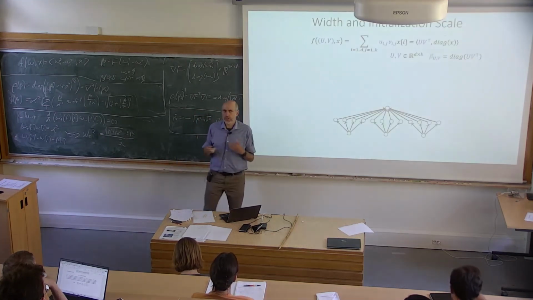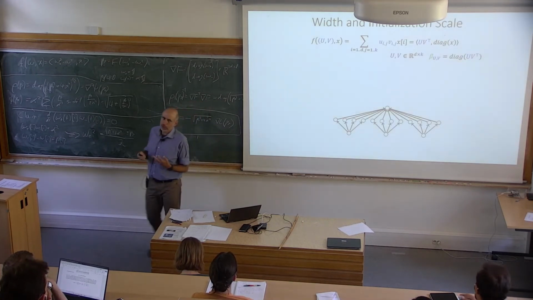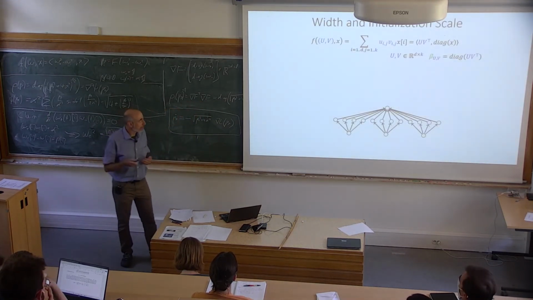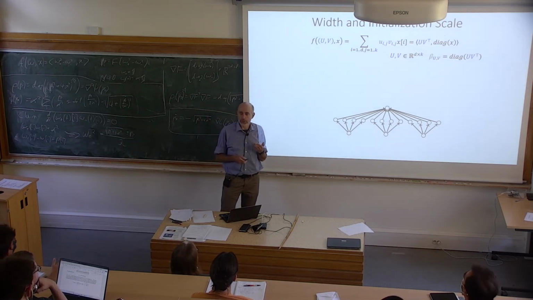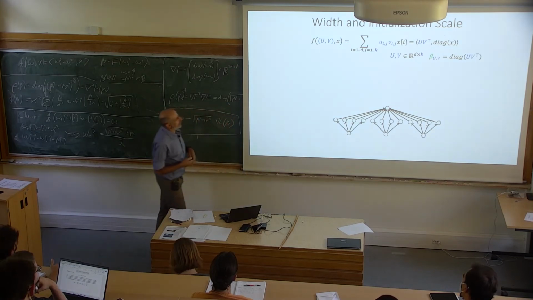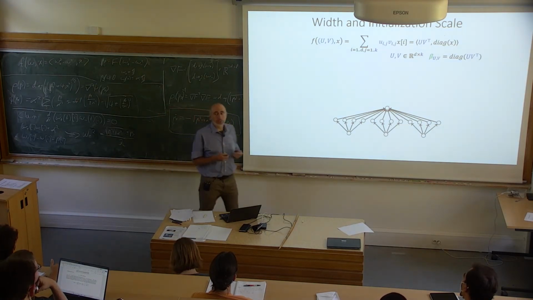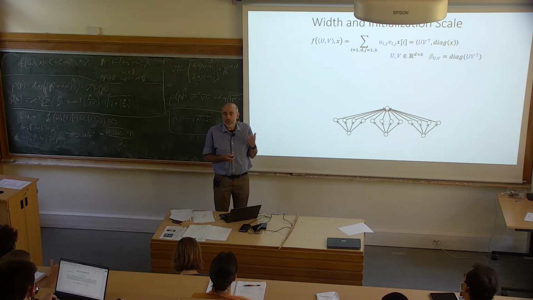We also saw how to get to the kernel regime when the scale goes to infinity. But another way to get in the kernel regime is when the width goes to infinity. So how does that fit into this? Let's try to understand it. Again, this is a completely stupid model, but stupid here is a good thing, since it's the simplest model in which I can already see width.